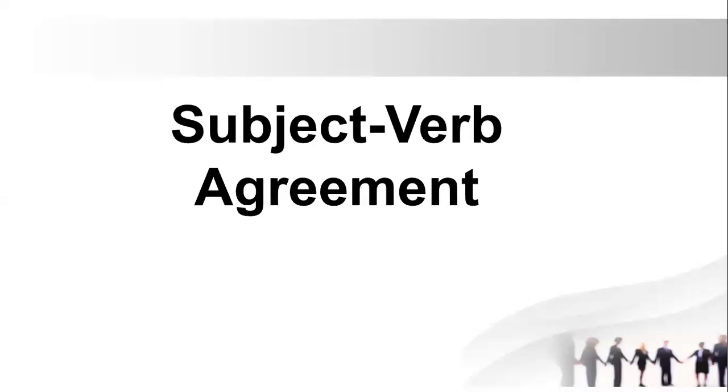Subject verb agreement. Subject verb agreement is a very important topic. Usually, students believe they are good at it, but mostly they fail to understand what subject verb agreement basically is.